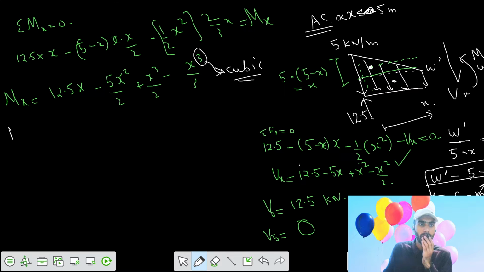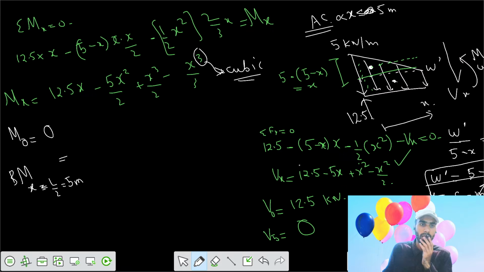So when we substitute x equals to 0, we have the value of bending moment equals to 0. Then we ask, what is the value of bending moment at x equals to, where the shear force changes sign, that's at x equals to L by 2. Your L by 2 is your 5 meter.